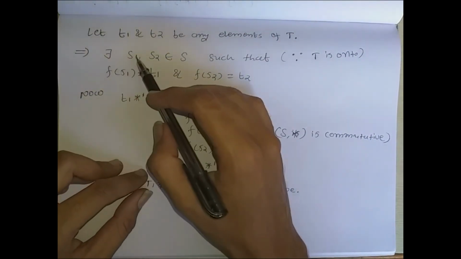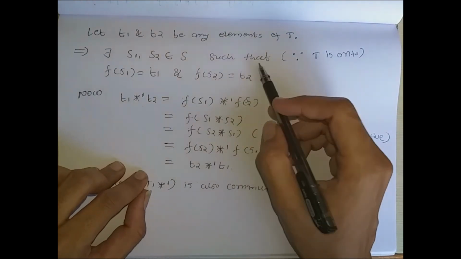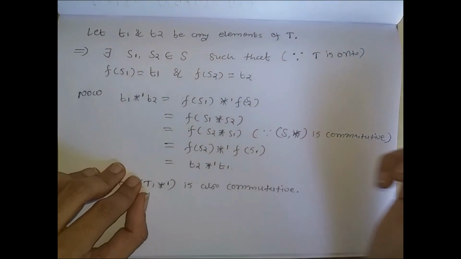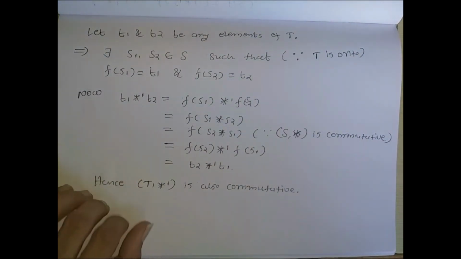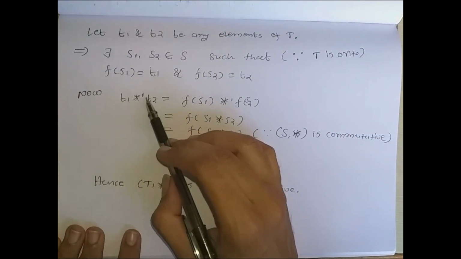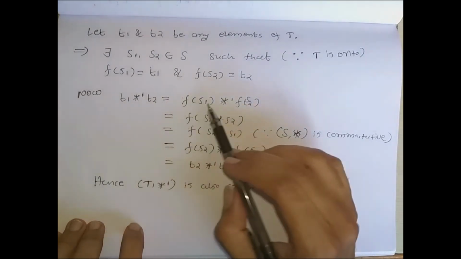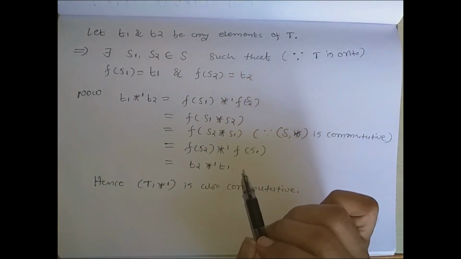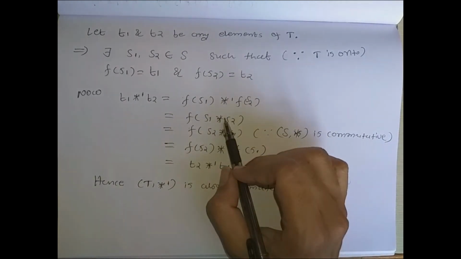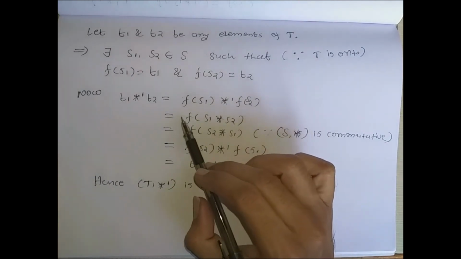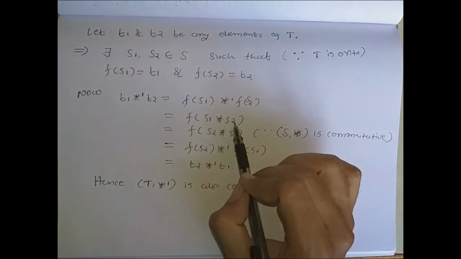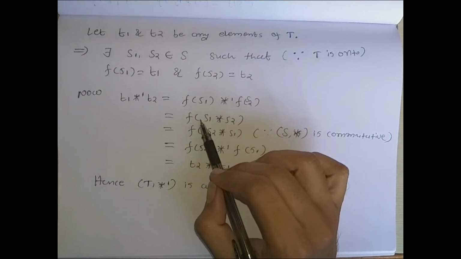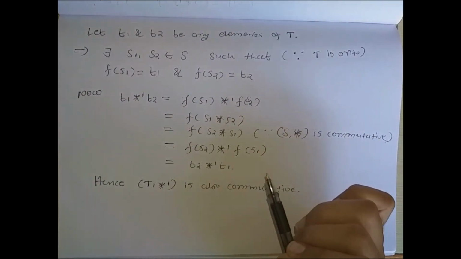So there exist S1 and S2 belonging to S such that f of S1 is equal to T1 and f of S2 is equal to T2. Now T1 star dash T2 is equal to f of S1 star dash f of S2. Since f is a homomorphism, it can be written as f of S1 star S2.